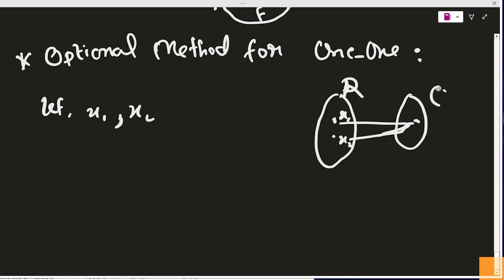ये सेकेंड मेथड है। ये R दिया था हमें, ये भी R है इस फंक्शन में, राइट। Let x1, x2 belongs to R and we will say that image of this is f of x1.